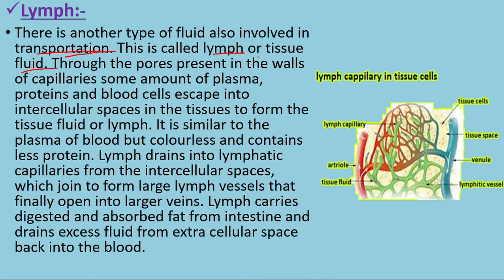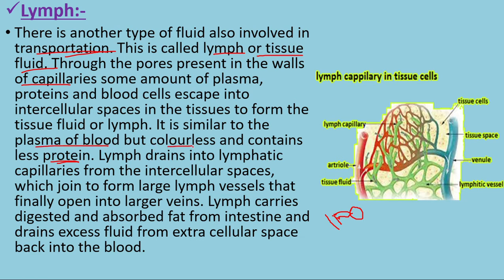It is formed through the pores present in the walls of the capillaries. Capillaries have small pores through which some fluid escapes, and it transports fats. It has fewer proteins. Blood plasma and some cells escape into intercellular spaces in the tissues to form tissue fluid or lymph. It is similar to the plasma of the blood but colorless.